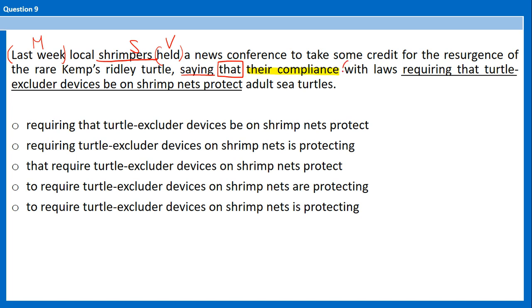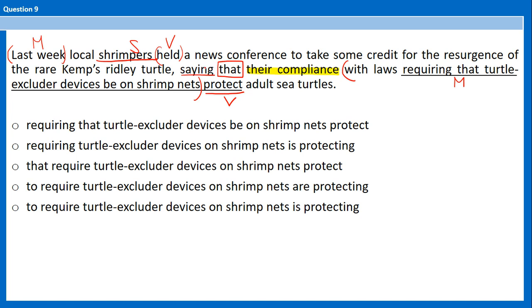Their compliance with laws requiring that turtle excluder devices be in shrimp nets, that whole thing is a prepositional phrase modifier. So their compliance, protect. Protect is the verb of their compliance.